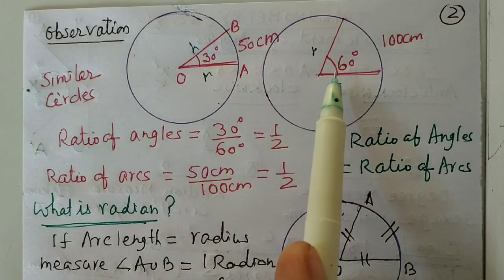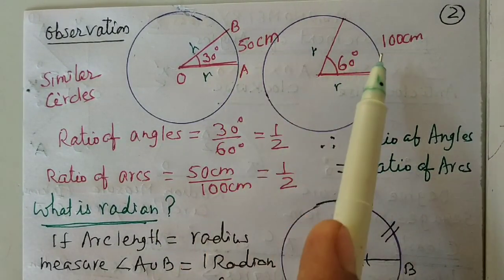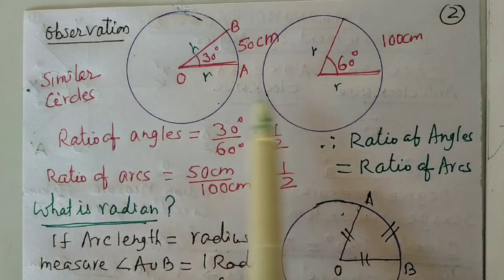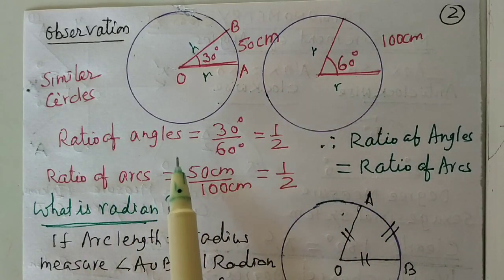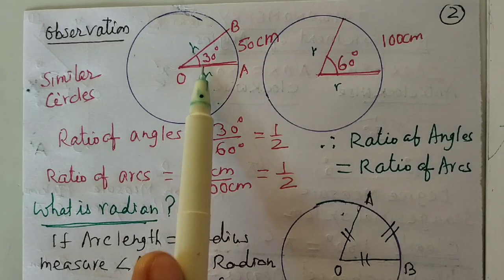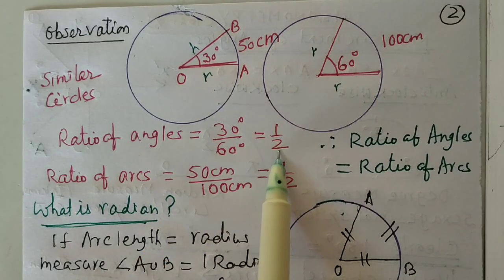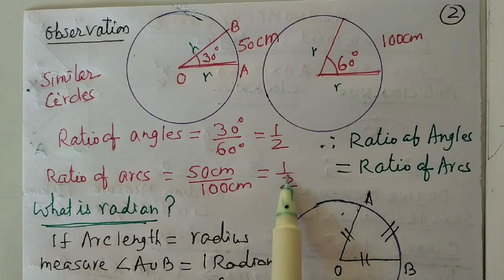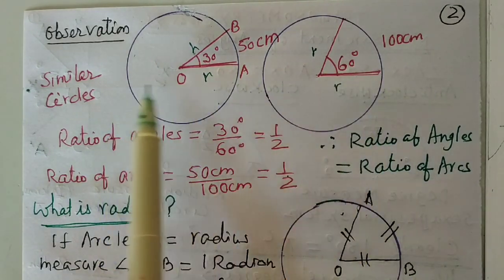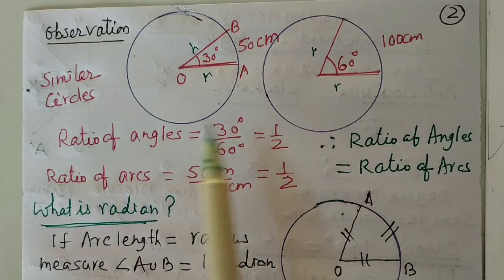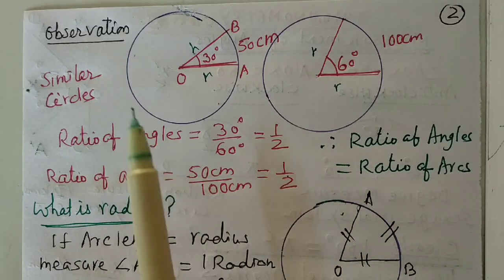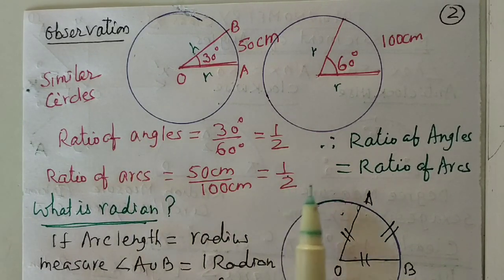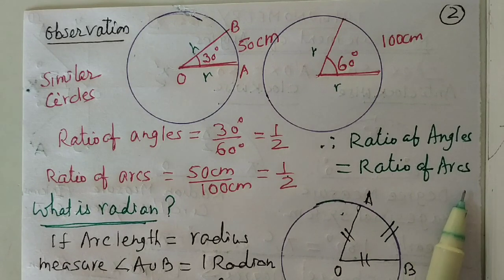If this angle is made 60 degrees, let the arc length be 100. This is the observation. Now just see it. The ratio of the degrees, 30 by 60, is 1 by 2. The ratio of the arcs, 50 by 100, is 1 by 2. This can be done experimentally in the mathematics laboratory. So on this basis, both are half. So the ratio of angles is equal to the ratio of arcs.